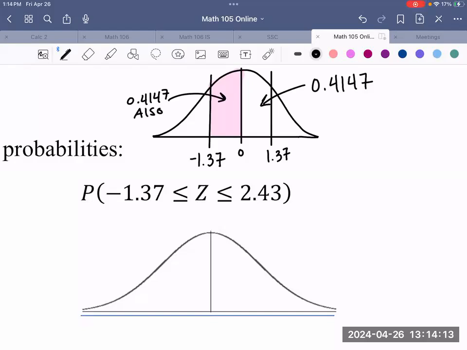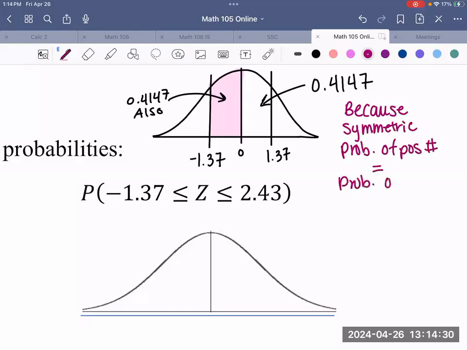Because it's symmetrical, the probability of the positive is equal to the probability of the negative number.